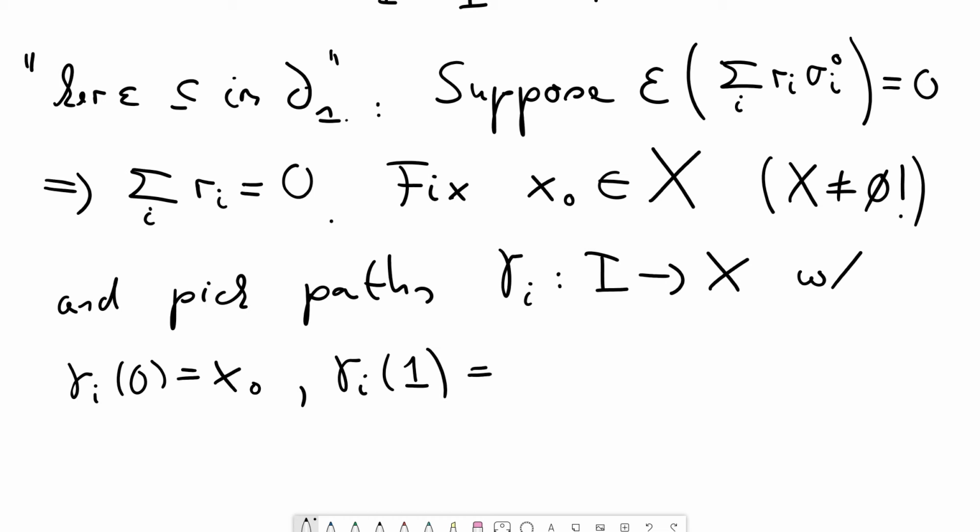So in other words, I just evaluate my singular 0 simplex at the only vertex I've got. So this gives me a point in X. So by path connectedness, I can do that.